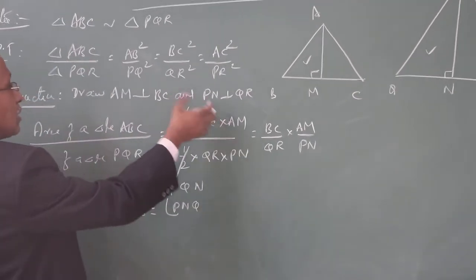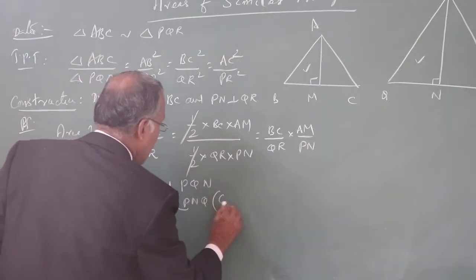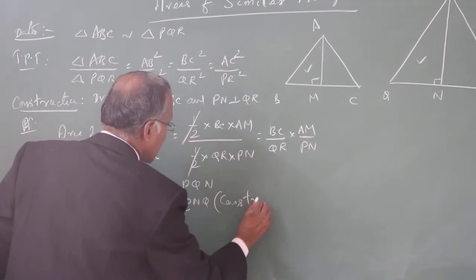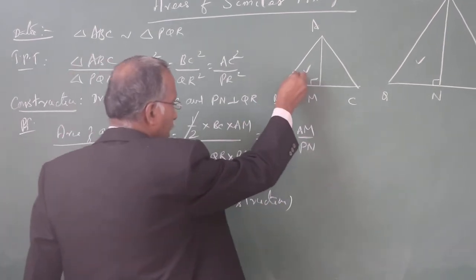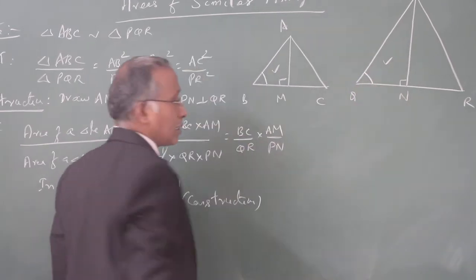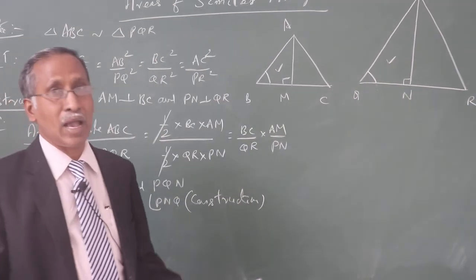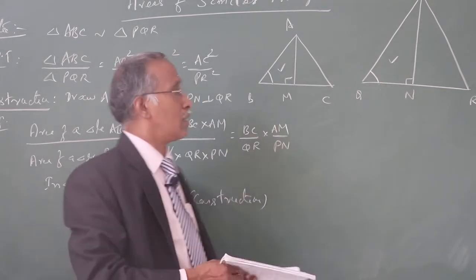From the construction, we know that they are perpendicular, they are right angles. So, reason: from the construction. And you know that angle ABM is equal to angle PQN. Why? They are equiangular because they have given that they are similar triangles, which means they are equiangular.